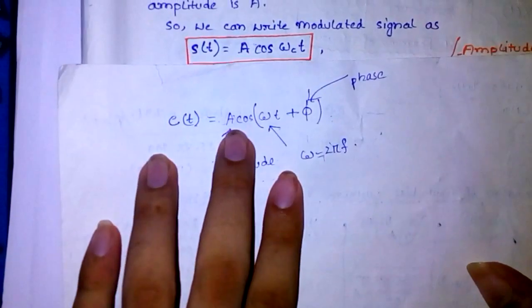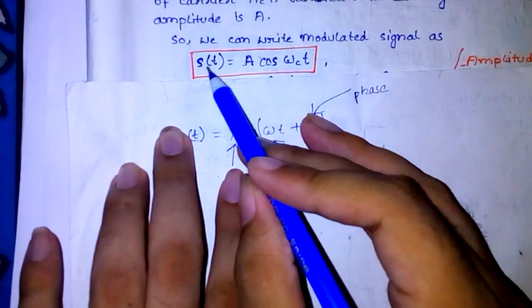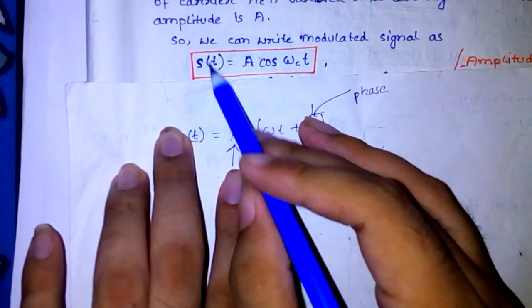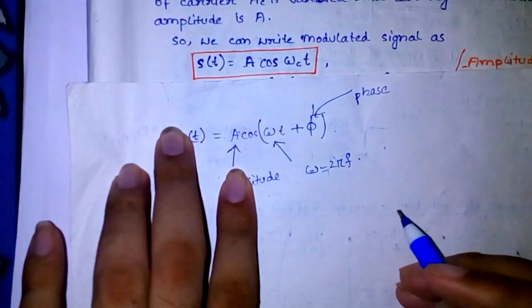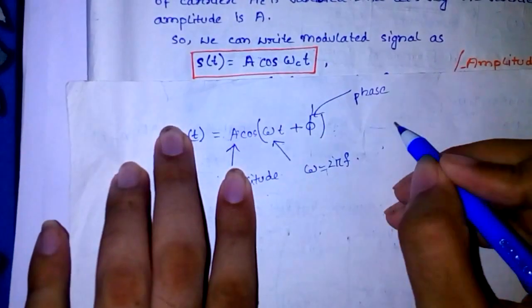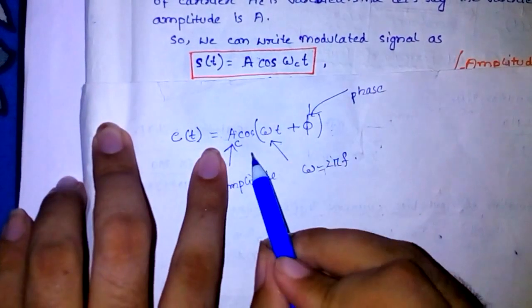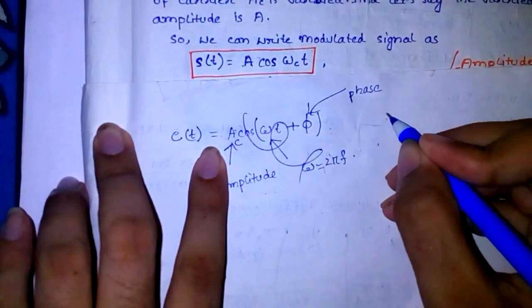Now let's assume that after modulation, the modulated signal will be called s(t). So we have a carrier wave whose amplitude is Ac. Let's try to write the carrier wave.